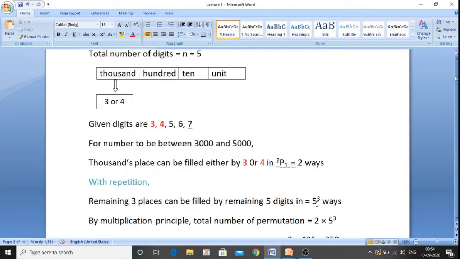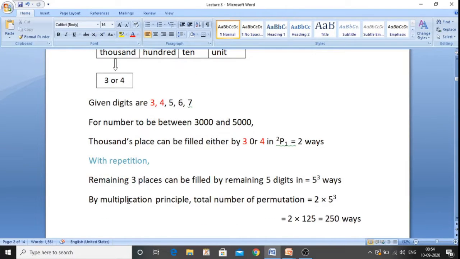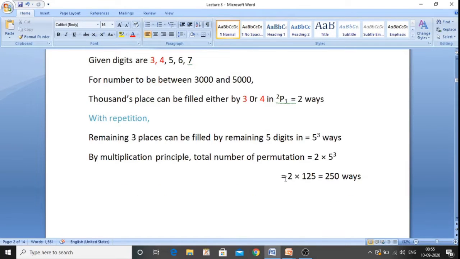So 5 raised to 3 is equal to 125. And therefore, by the multiplication principle, the total number of permutations is 2 into 5 raised to 3, that is 2 into 125, which is equal to 250 ways.